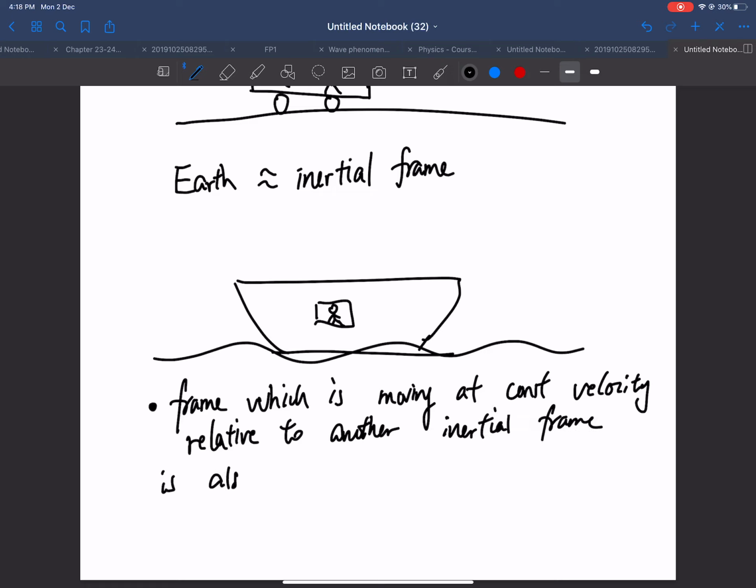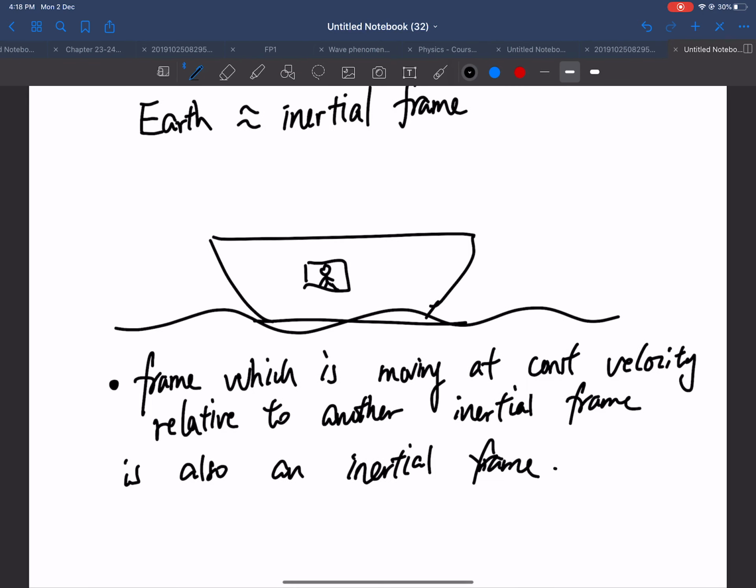It's also an inertial frame. So that means there's not only one inertial frame. Actually, there are infinitely many inertial frames. Any frame at constant velocity relative to another inertial frame is also an inertial frame.